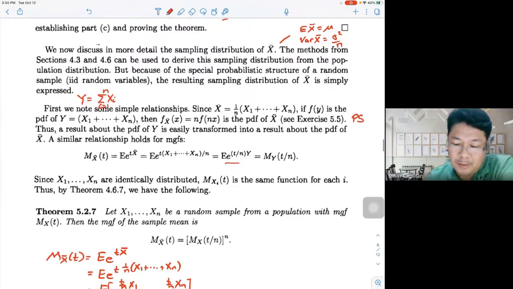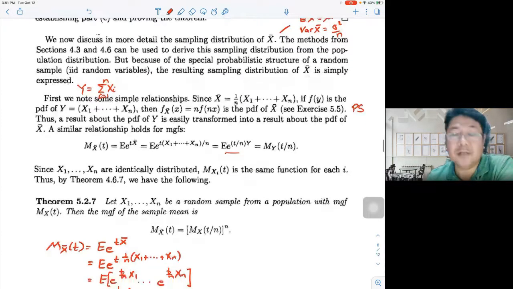So let's consider first this simple relationship. Say, we let Y be the summation of X sub i from 1 up to n, the finite summation of X sub i. Since X bar from our definition is equal to this.